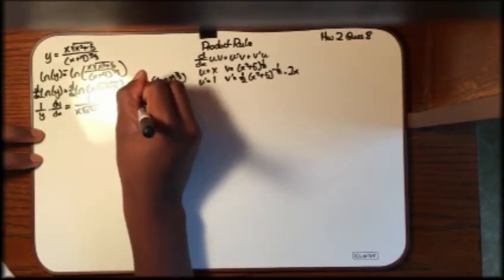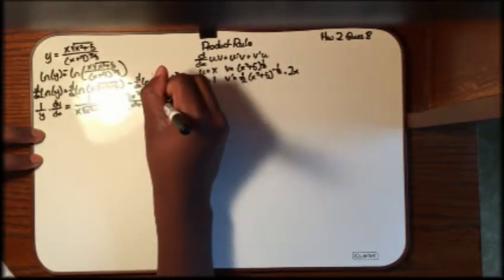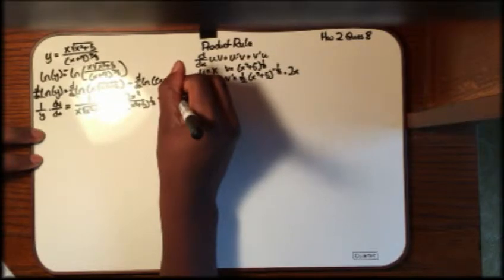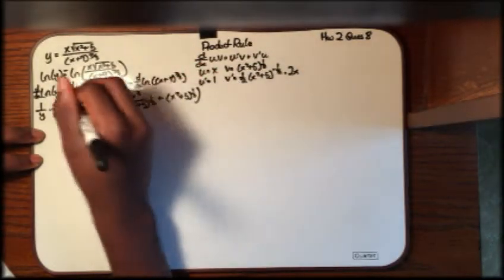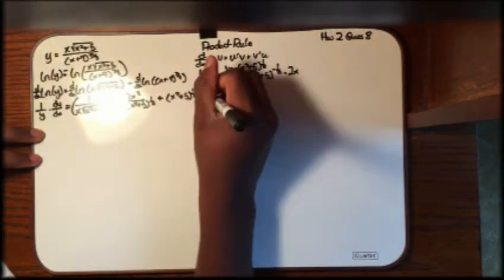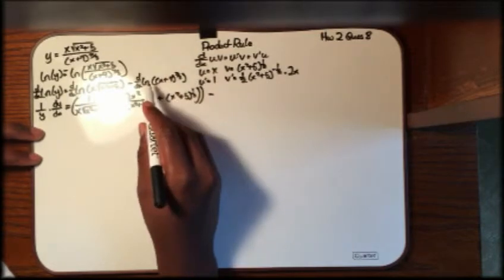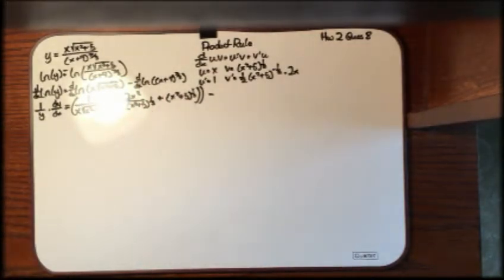So you get this function times the quantity 2x squared over 2 times quantity x squared plus 5 to 1/2 power plus x squared plus 5 to 1/2.